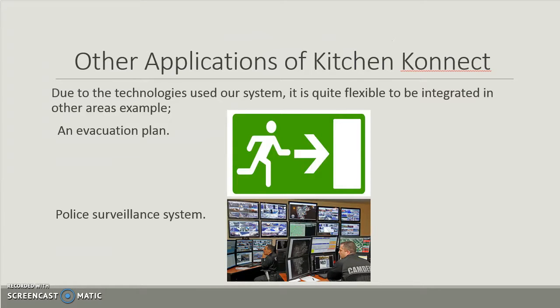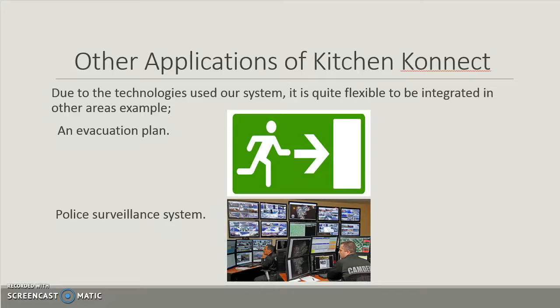In relation to versatility, which was addressed previously, we would speak about two examples where this system could be integrated. Firstly, in an evacuation plan. Now, in an event of a natural disaster, there are many safe zones around a country where people go to find the needed assistance. However, some people may just not know where these places are.